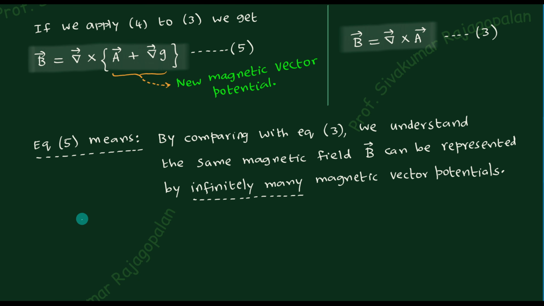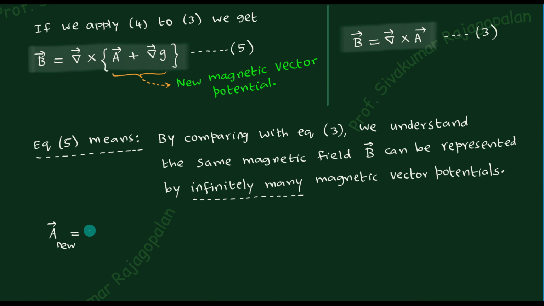So now I can write down therefore that I would like to write like this. I am trying to write down with the new and the old terminology. You see the word new here. So that means if A itself is known as the old value for the magnetic potential, then the new value is given by the old value plus gradient of G. So that is what we have been discussing.